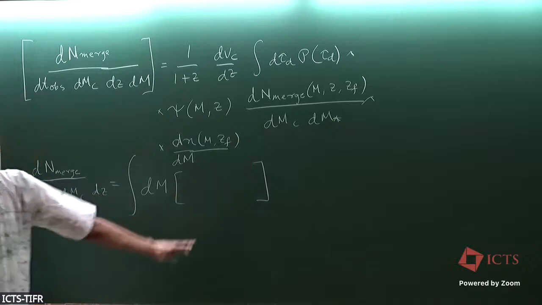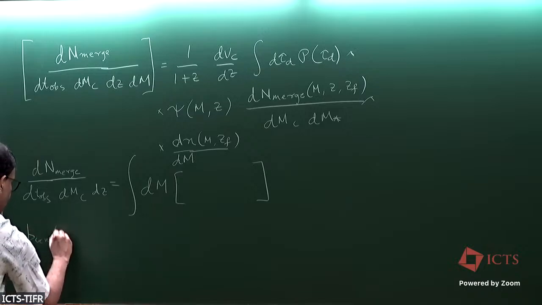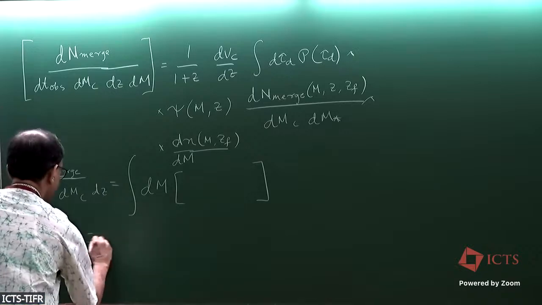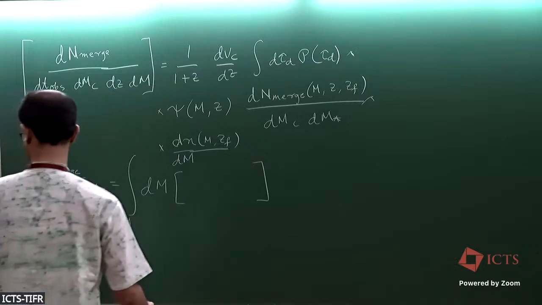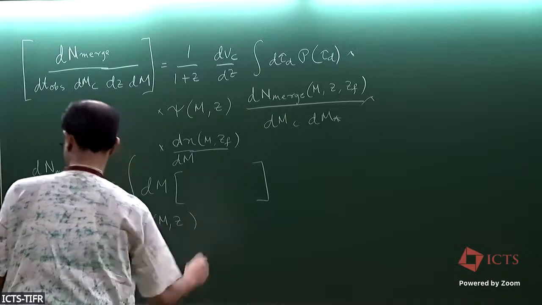I'm not writing this quantity again. We also said that it is possible to calculate the clustering properties of gravitational wave events. That will be something like dm b_m(z), and then again this whole quantity.